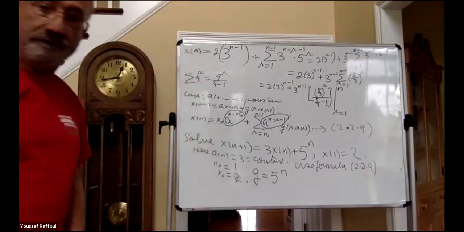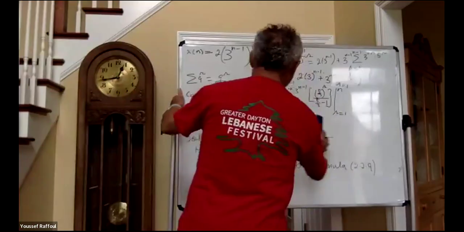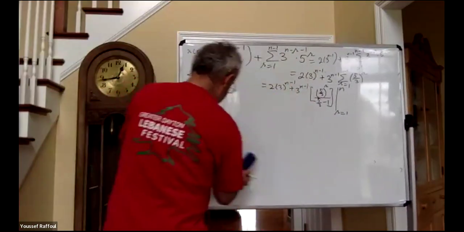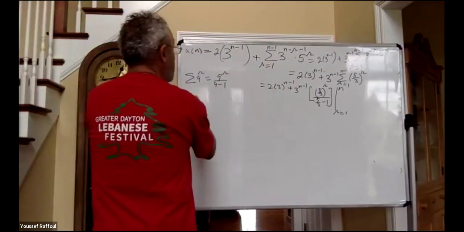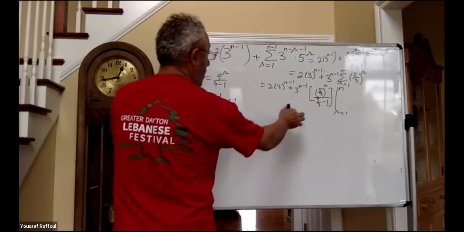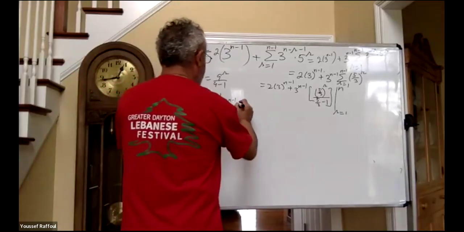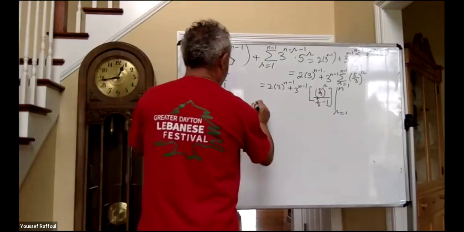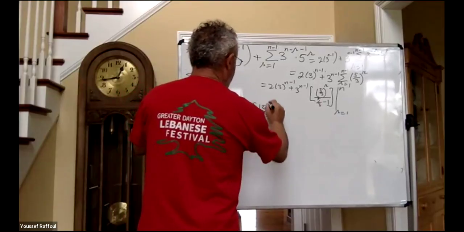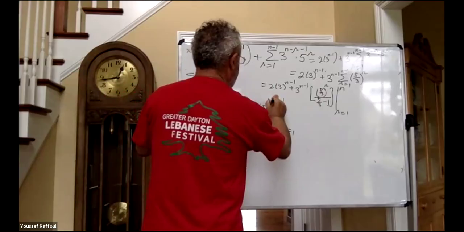See what we did? Now, so this is 2 times 3 to power n minus 1 plus 3 to power n minus 1. 5/3 minus 1 is 5 minus 3 over 3, which is 2/3, times 3 over 2 of 5/3 to power n, from r equal 1 to n.